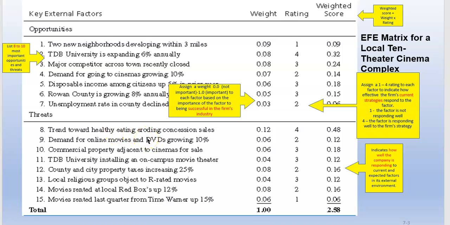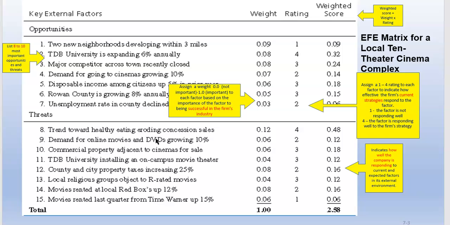So this cinema is doing excellent in regard to handling these factors. Perhaps the cinema is placing flyers on campus and also adding yogurt and healthy drinks to its concession menu.